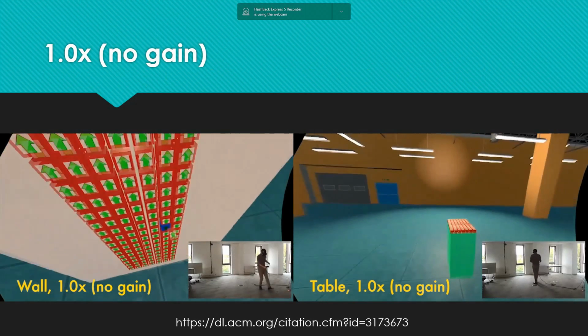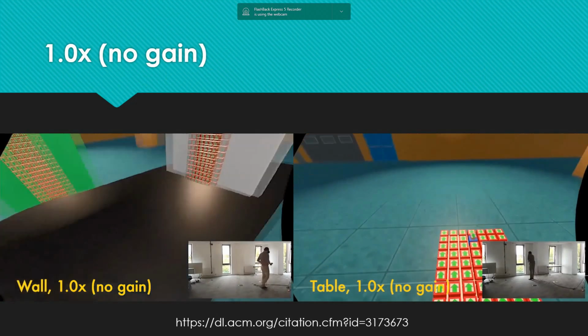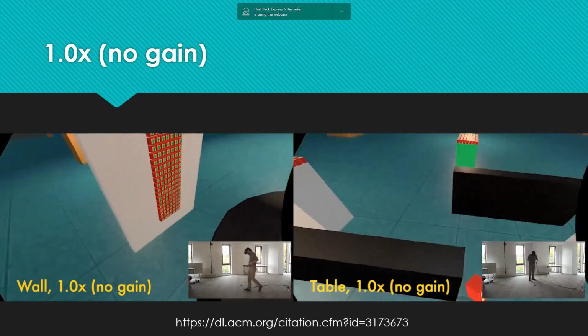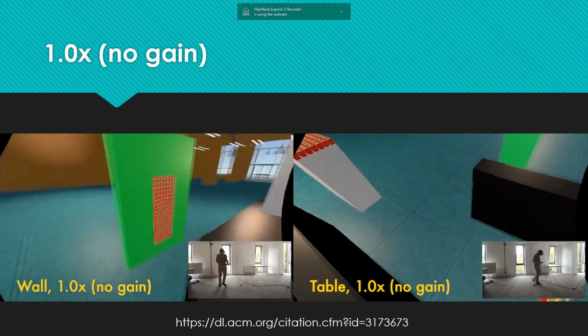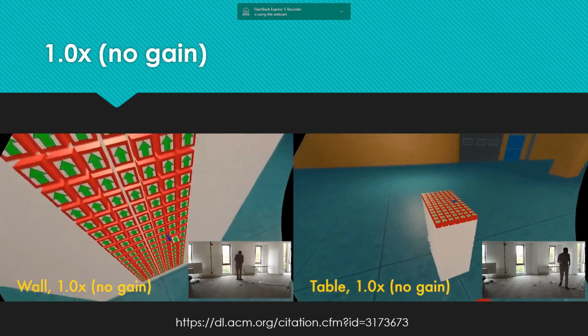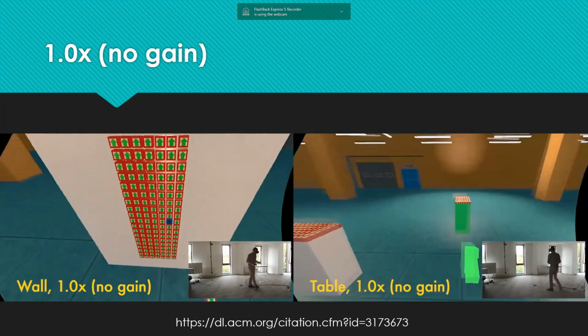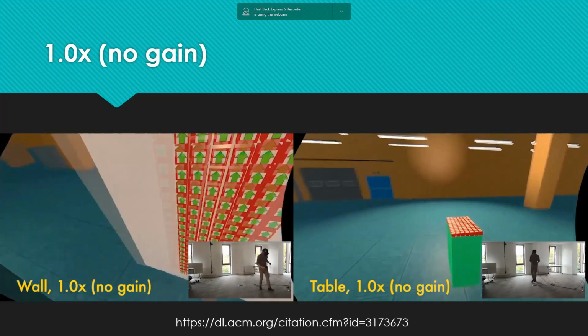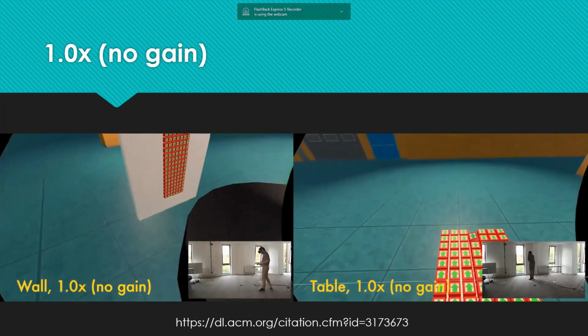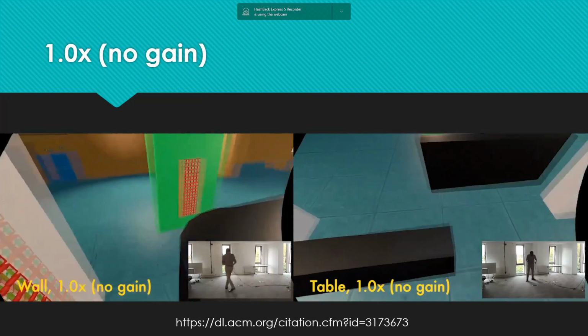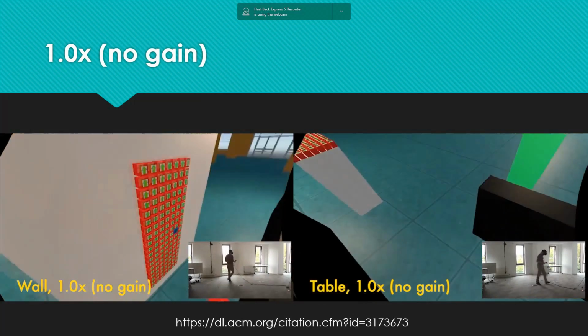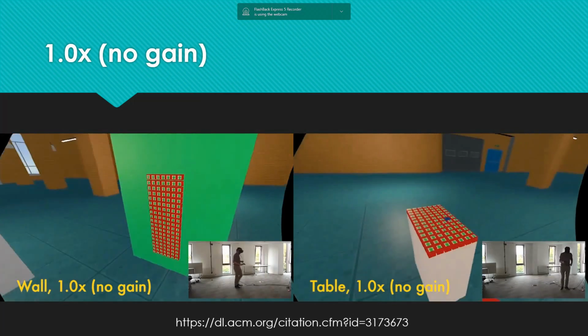So this is a video. As you can see on the left, the blue is the highlighted one. There's the obstacle they have to walk around, or on the right side you have the zigzag to reach the other side and place the cube. As you can see on the right side, there are no obstacles before they pick up a cube. When they turn around, the obstacle comes up. The experiment is designed in such a way.